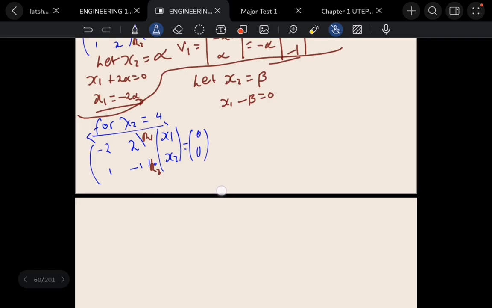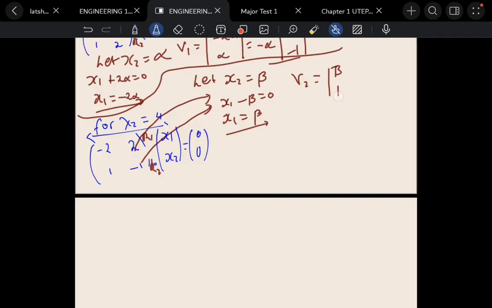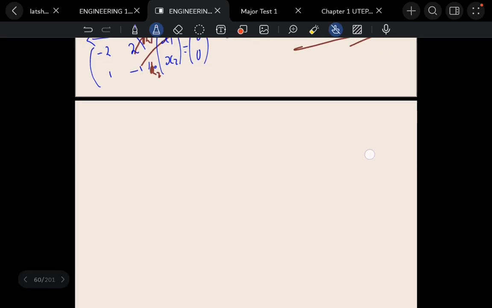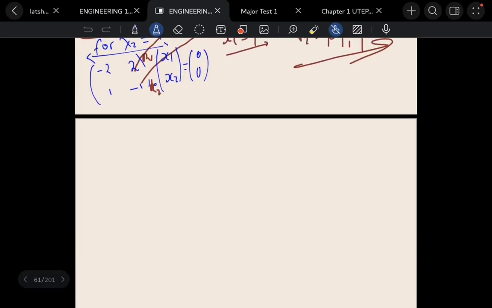Use the equation that you prefer; you can use this one or that one, it does not matter. And then x1 is going to be beta. So v2 is beta, and taking out the highest common factor of beta, it is 1, 1.